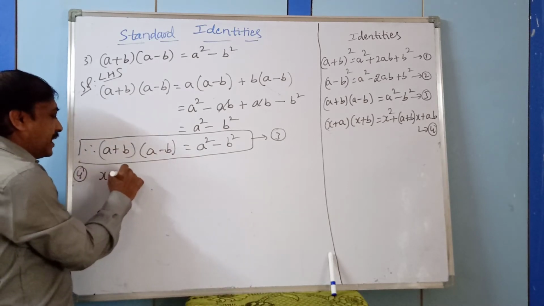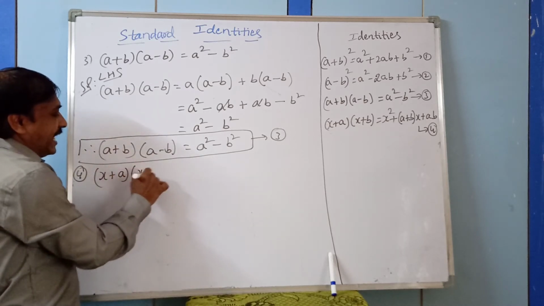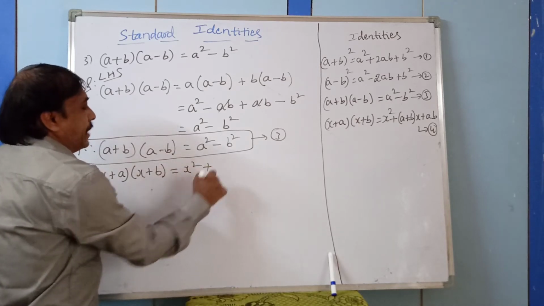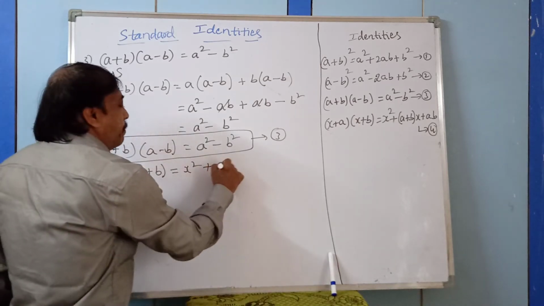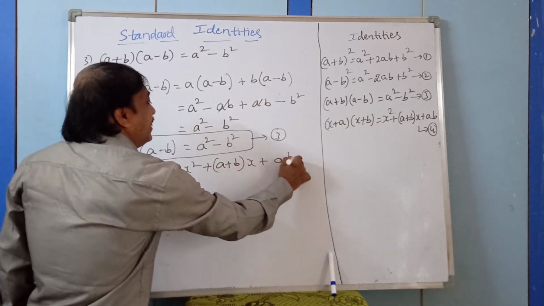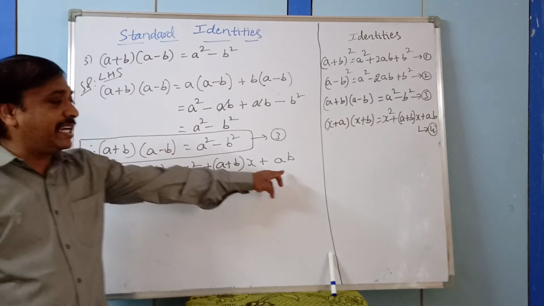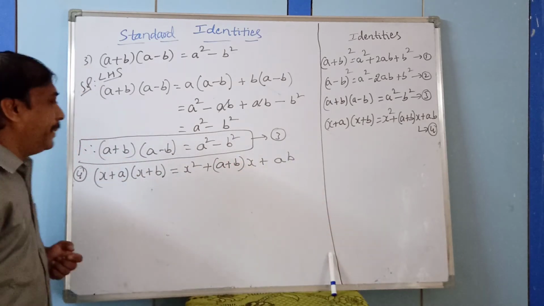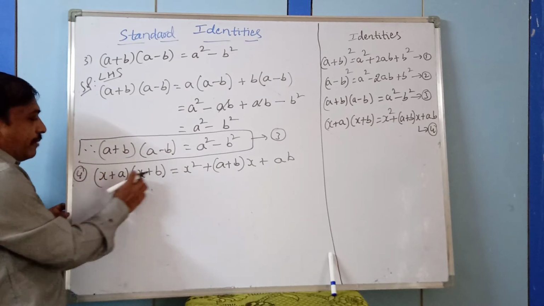One is (x + a) into (x + b) is equal to x square plus (a + b) into x plus a into b. ab is nothing but a into b. Now this is binomial into binomial.